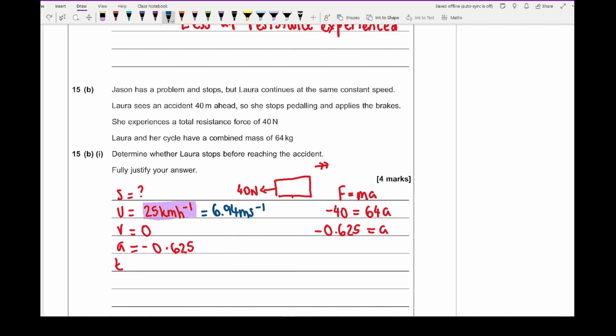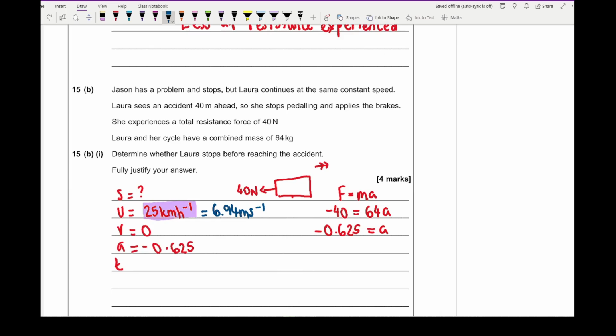You can either do that calculation by hand, changing that to 25,000 meters divided by an hour of 3,600 seconds, or you can use your calculator. They have conversion buttons which will convert 25 kilometers per hour into 6.94 meters per second.